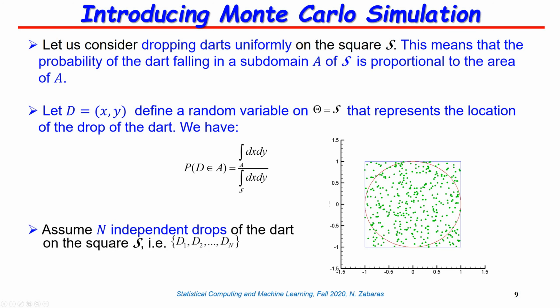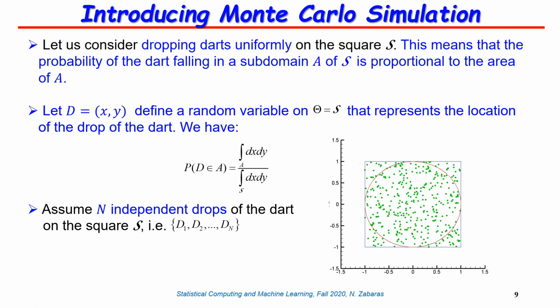So what we will do is throw a dart n times, and we're going to collect the realizations of these random variables d1, d2, dn, which are the coordinates x and y for where each dart has landed, and you can see those as little dots inside the square. Of course, we're going to assume that all of these are IID random variables.